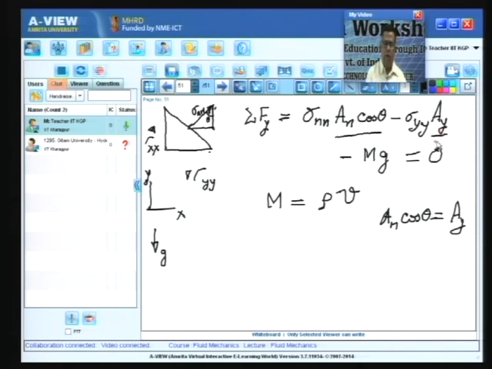So, if we divide by this A y, you are going to have sigma n n equal to sigma y y plus rho, the density, into g, into the volume by this area.